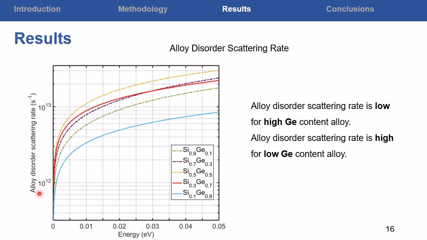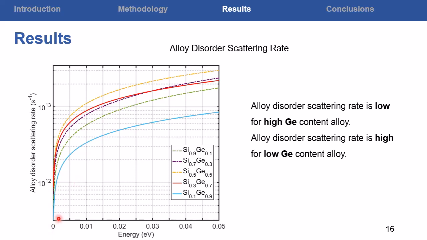Looking at the alloy disorder scattering rate as a function of the hole energy, we can notice that for the silicon germanium alloy that has 0.5 germanium content, the alloy disorder scattering assumes its highest value, which means that for this alloy, alloy disorder scattering is more likely to happen.